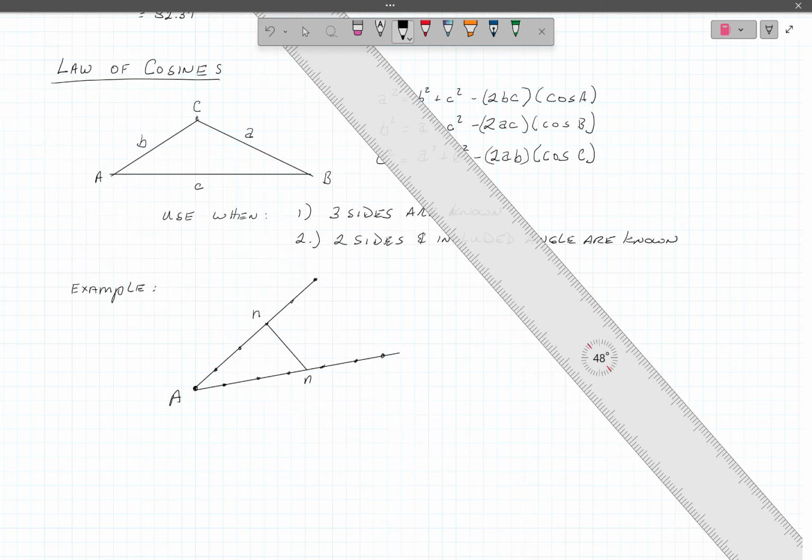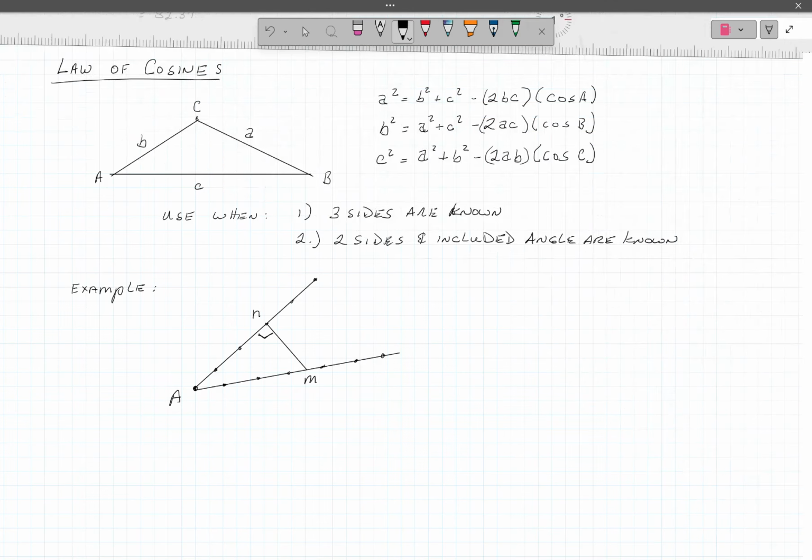And this will be M. And what I have is a 90-degree angle in there that we're going to play with later. All right. Here's what we've got to find. I'll give you that first before I fill in some more details here.